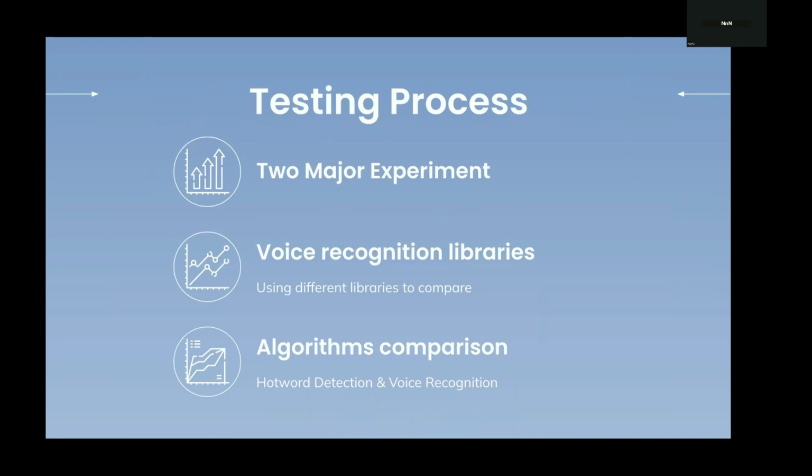The second is the algorithm comparison, hardware detection versus voice recognition, which might sound familiar because I use both of them in the slide controller. But it was still necessary to compare them, to see if it's possible to implement the hardware detection algorithm into the customized keyword so that it will run as fast as the default option keyword, which reacts in less than 1 second.